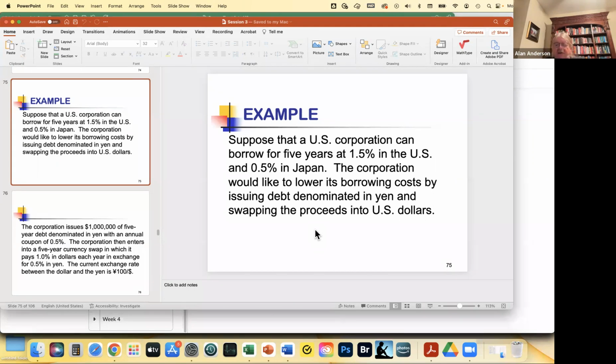It's a multinational that does business in both countries. So they have the ability to borrow at 1.5% in the United States, 0.5% in Japan. So what they hope they can do is borrow at 0.5% in Japan, but since they don't want yen, they want dollars, they can enter into a swap to trade the yen for dollars. And so by doing so, they'll make a profit, which will reduce their borrowing costs.